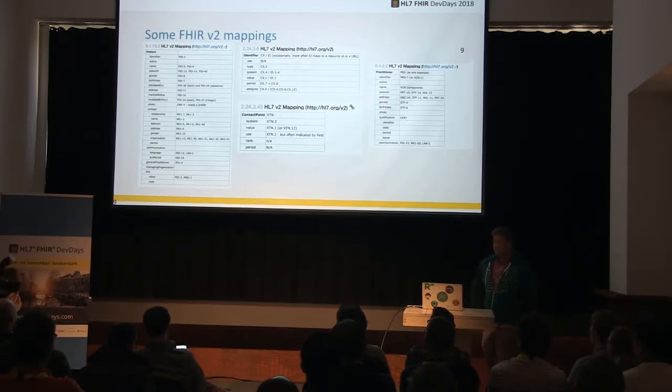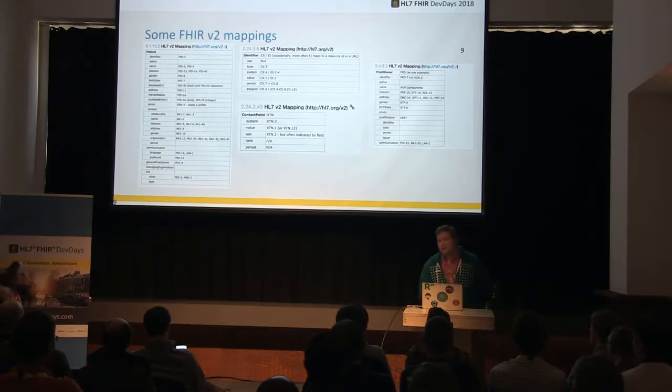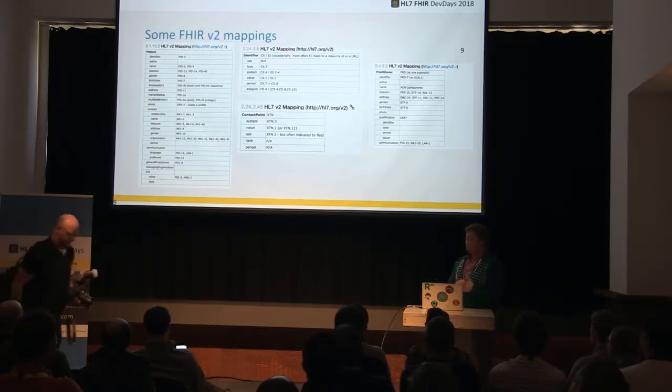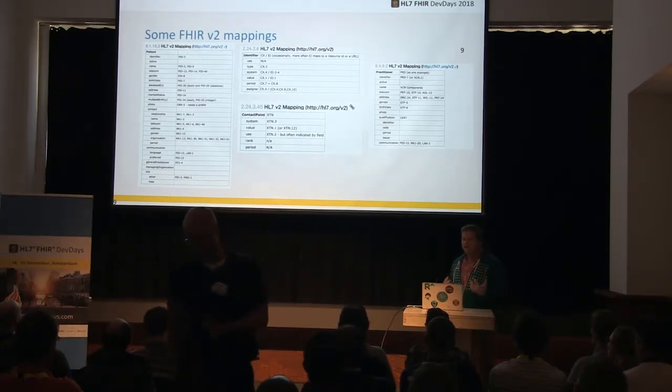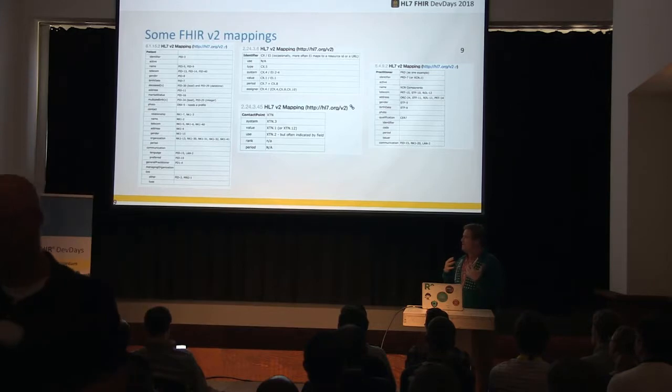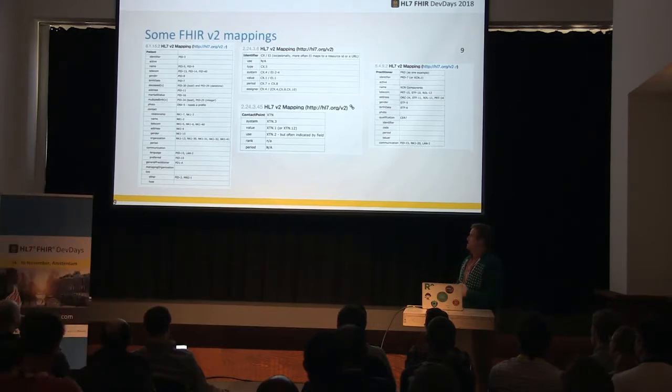I'm sure many of you have clicked on the mappings tab in a FHIR resource. This is a great place to get started if you're lost in the woods. There's not a silver bullet for this, but you can start to see how some of these examples would work. We were looking at patient identifier.